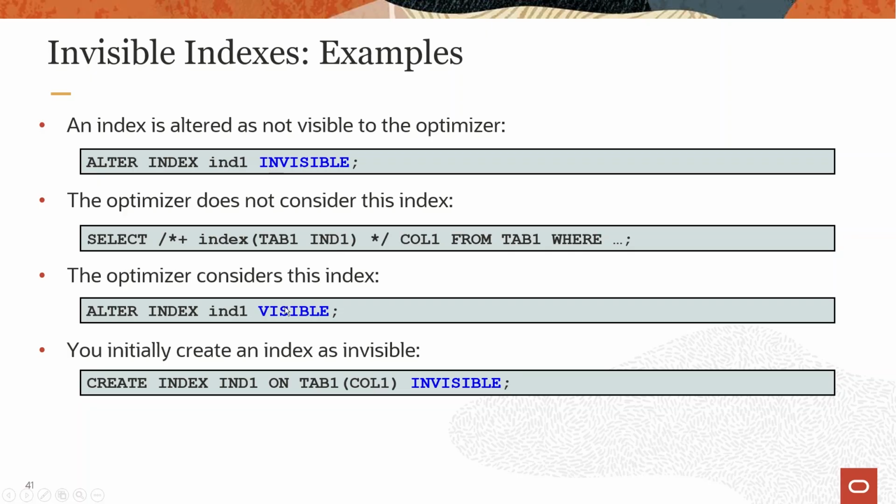You can then, if you want to, make the index visible again. Now you can create an index immediately as an invisible index, but if you just create an index, by default it is marked as visible.